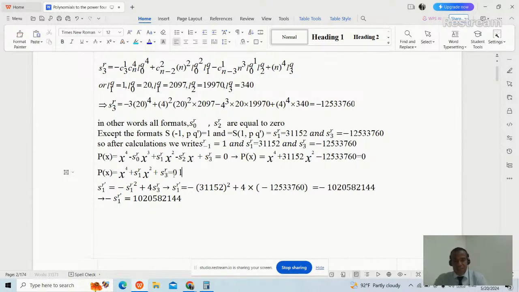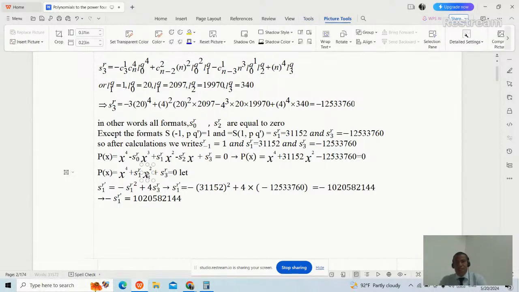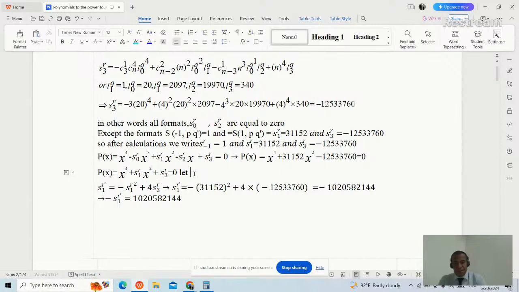Let u equal x squared, and continue solving. Therefore, learners, you can see that s1 r dash is s1 squared minus, all squared, plus 4 times s3. We calculated s1 is 31,152, plus 4 times this number.